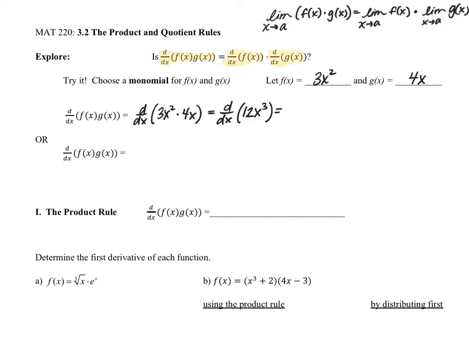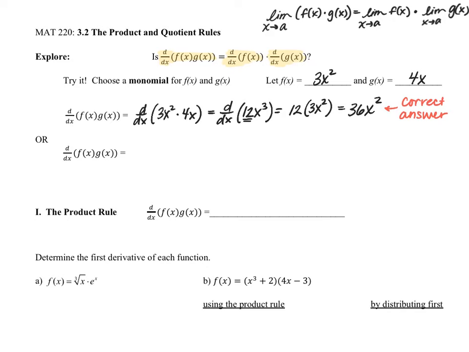We have a constant multiple, which is the 12, so we'll just take the 12 and then multiply it by the derivative of x cubed. And using the power rule, that's going to be 3x squared. So when we multiply these two, we get 36x squared. So this is the correct answer. This is what we want to get when we are computing the derivative of f times g in this case.